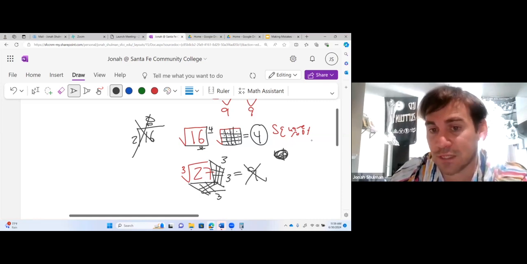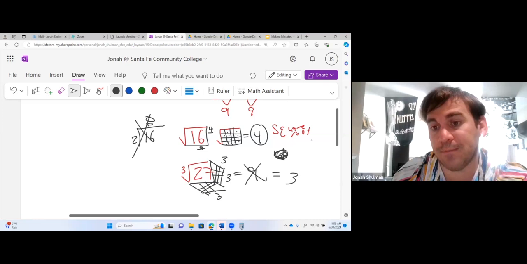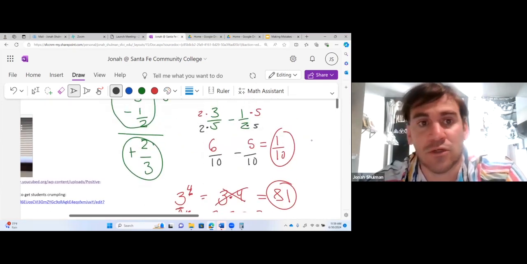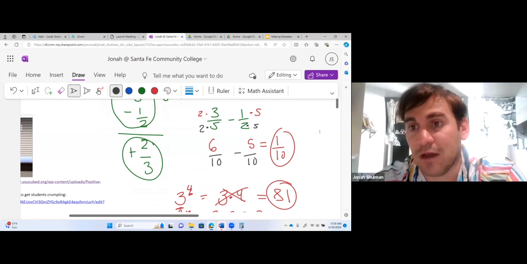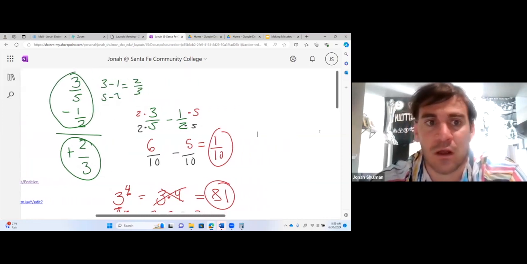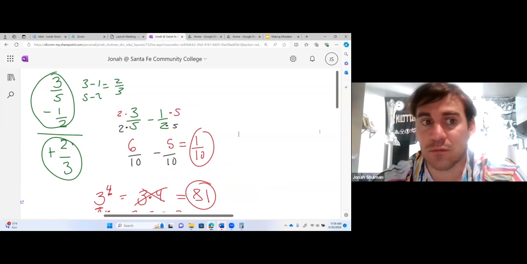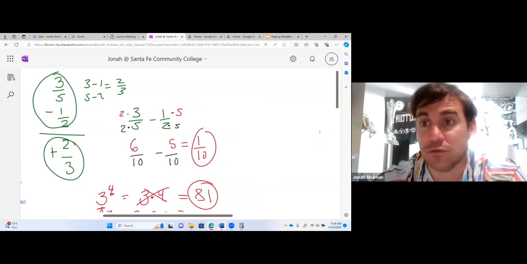They're all 3 on the sides, so it's going to be 3. So these are just some basic common mistakes you're going to see. Your job is to plan for them. How can we plan for them? You can show students common mistakes, but you should always be very specific about what these mistakes are, where they come from, and how they look.